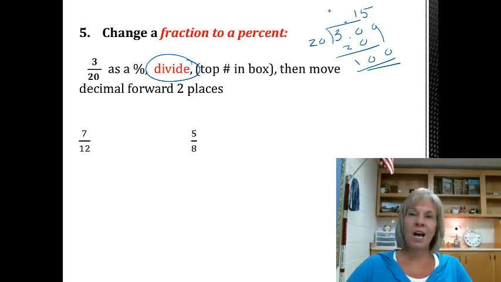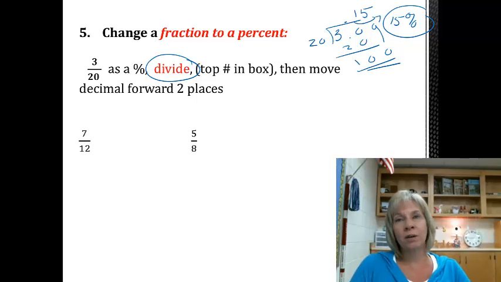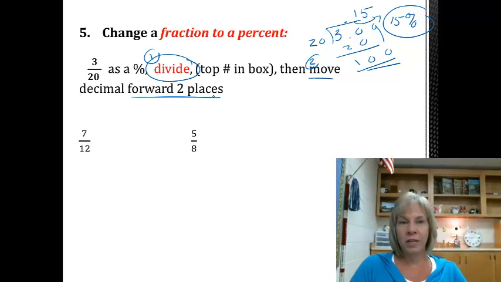So after we divide, then we move our decimal forward 2 places. So that would be 15%. So see, this one does require a little more work. You have to do 2 steps. Divide, and then move the decimal forward 2 places.